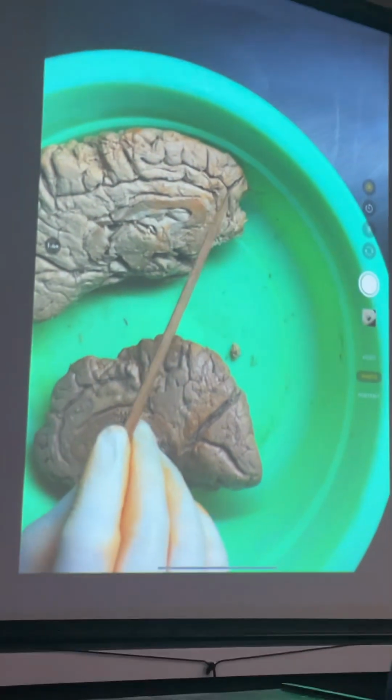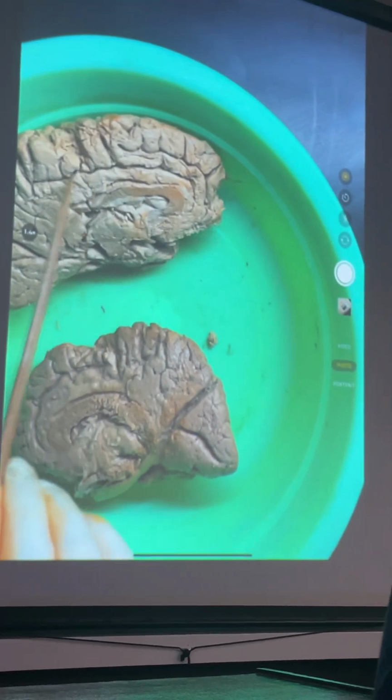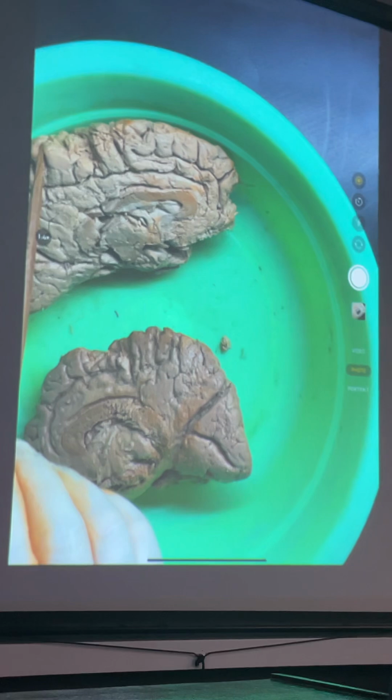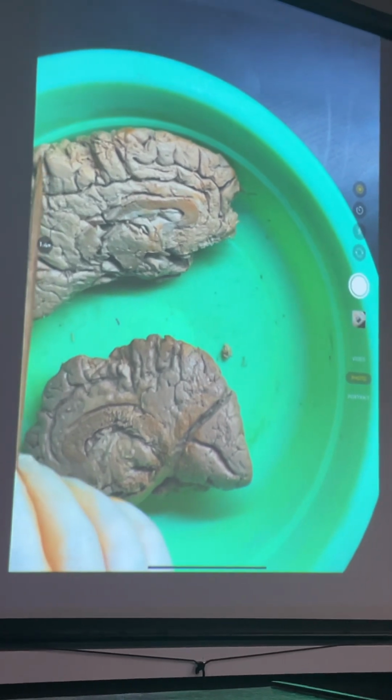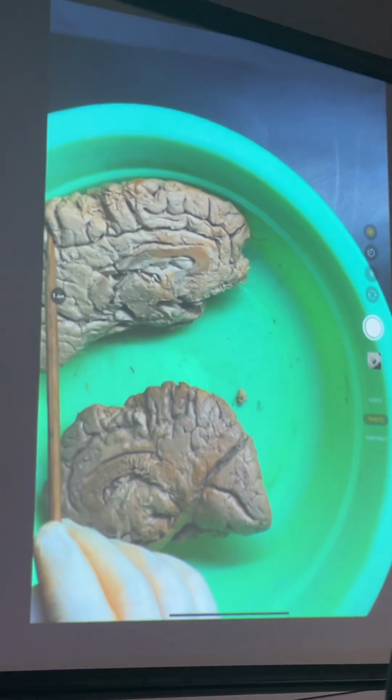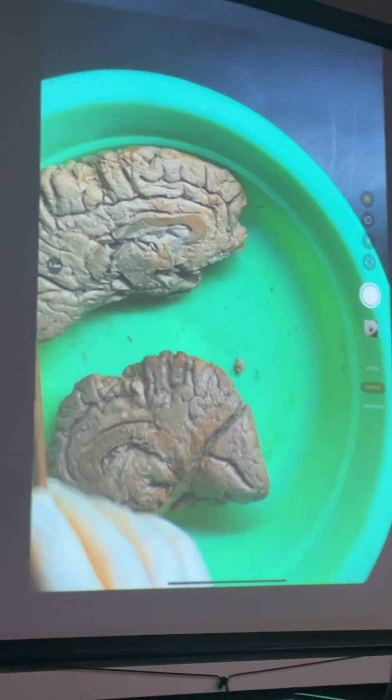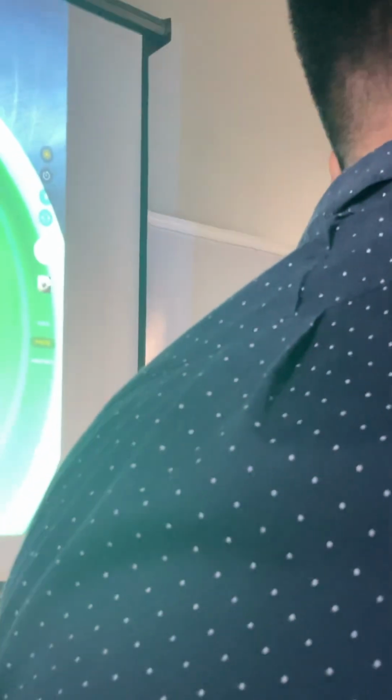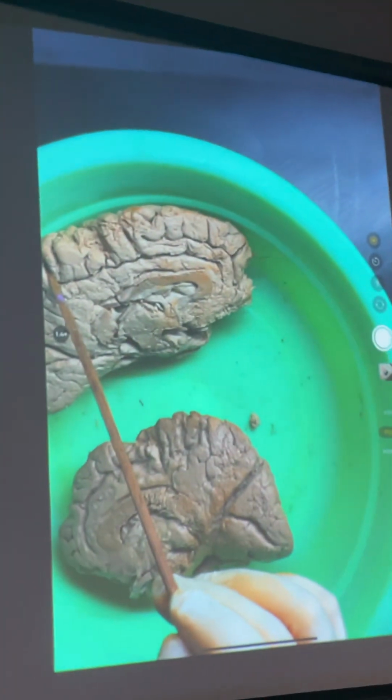If this is the superior frontal gyrus, this is the paracentral lobule, this is the central sulcus of Rolando in this area, then what is this called? What was after the paracentral lobule? So it's the marginal sulcus.